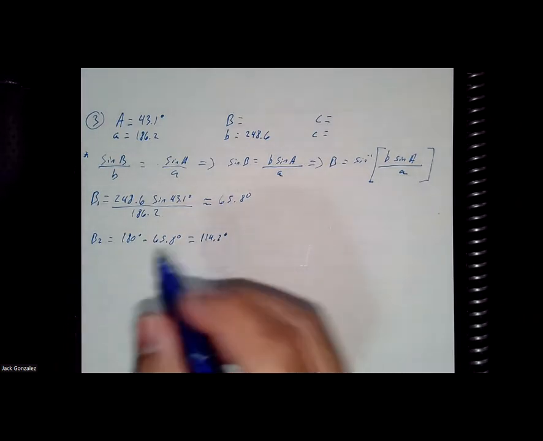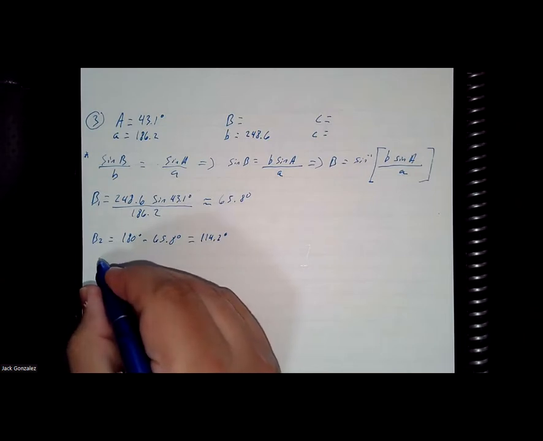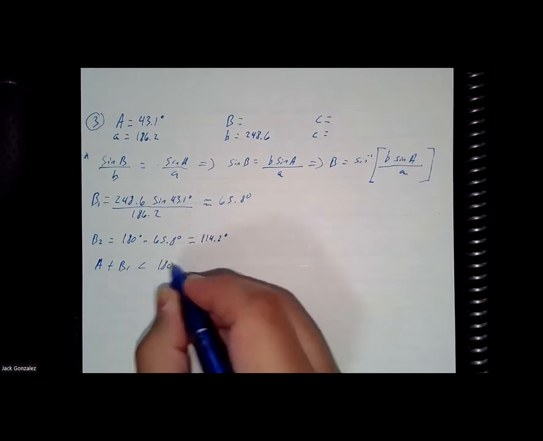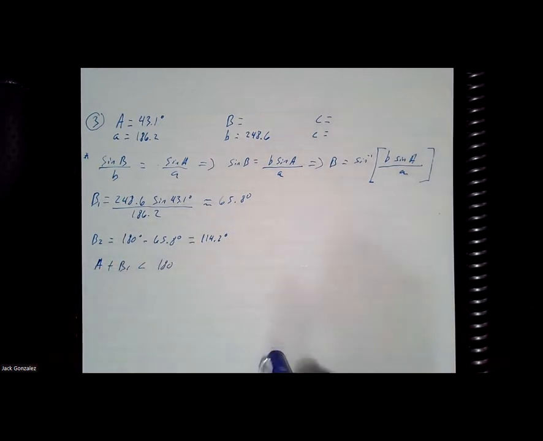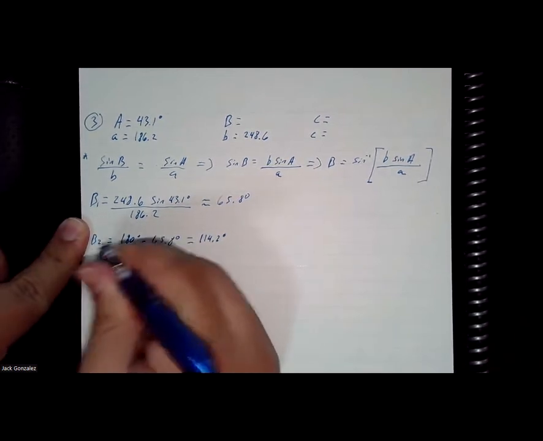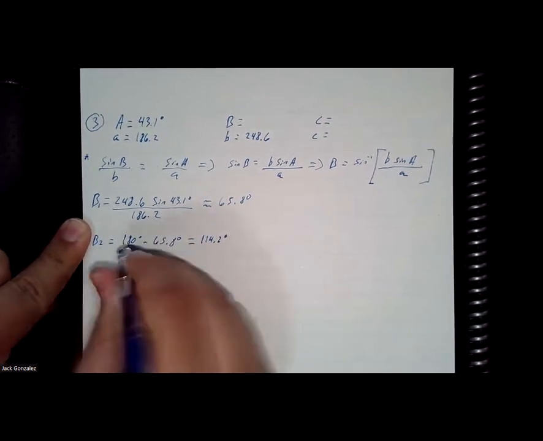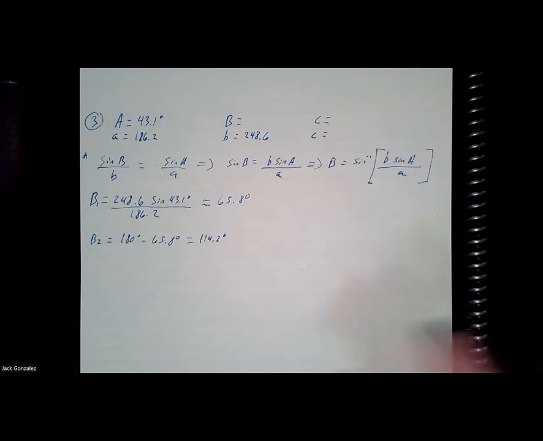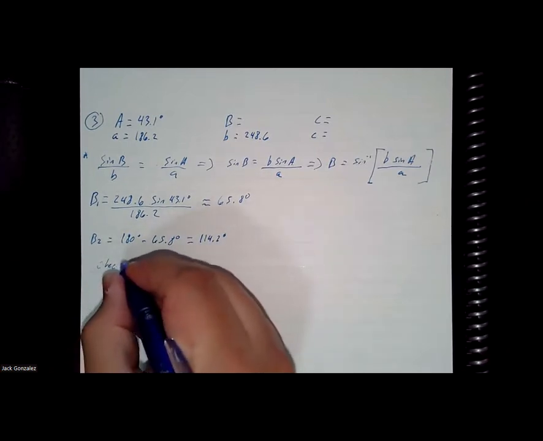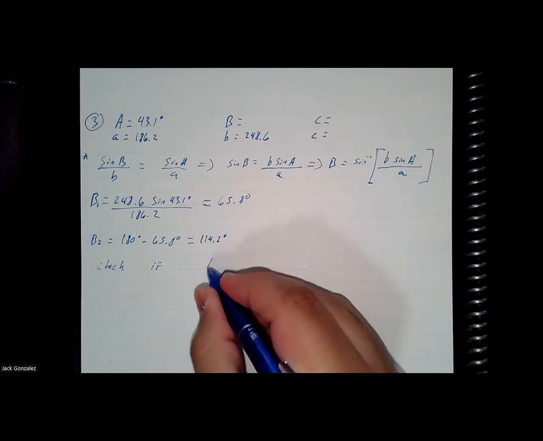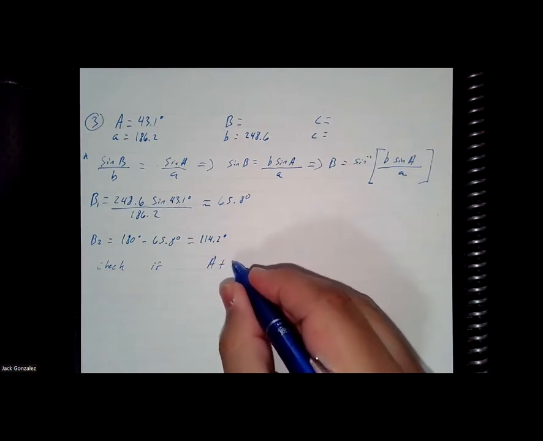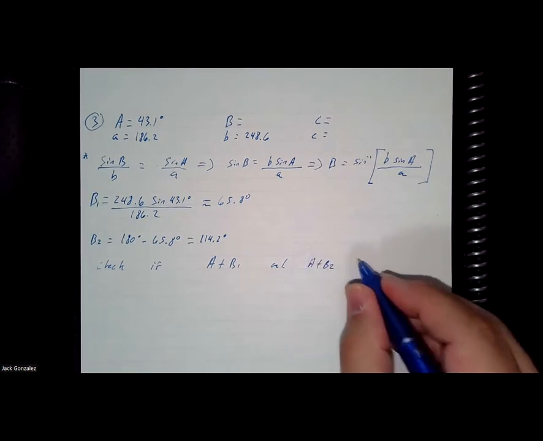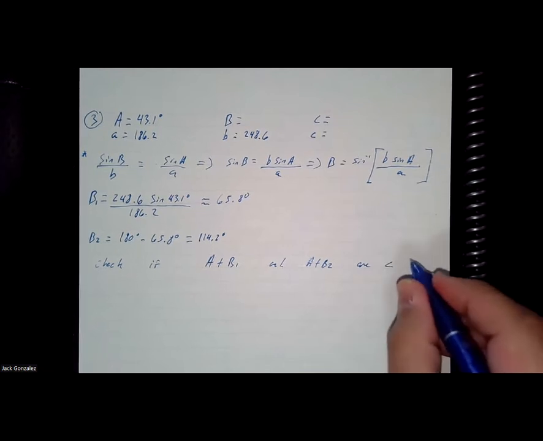So the question becomes, to double check, right? Check if A plus B1 and A plus B2 are less than 180.